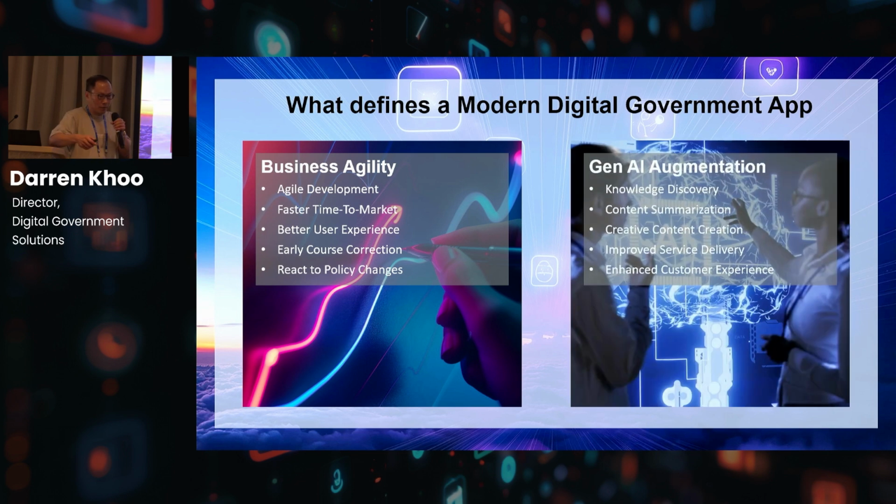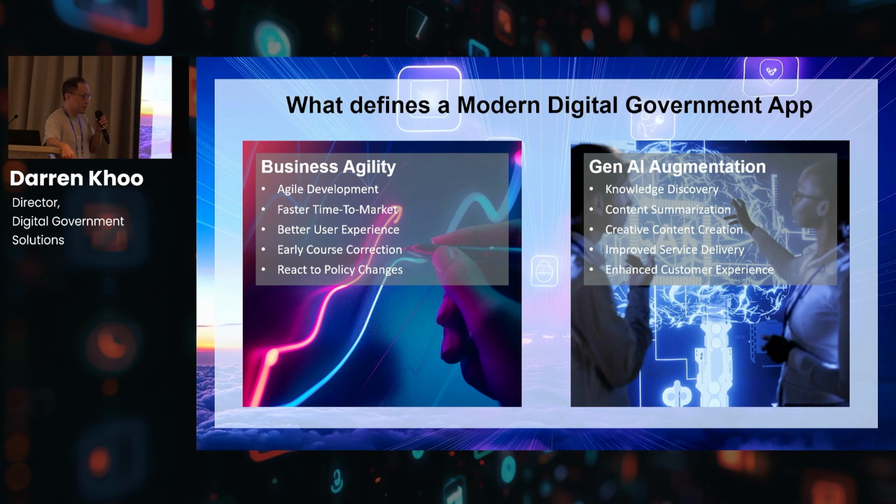So the next point is about Gen AI. This is 2024, and I don't think I can talk about a modern digital government app without talking about Gen AI. You guys will throw eggs at me. A modern digital government app should incorporate some kind of Gen AI augmentation, whether it's for public-facing use cases or even for your internal productivity.